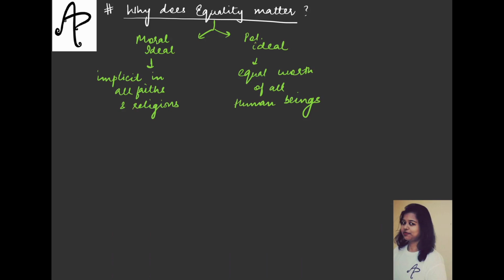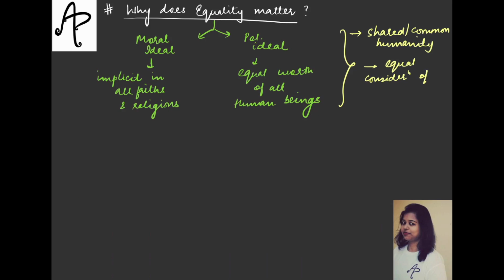And therefore, once we have both of these ideas in the picture, we will understand that we talk about a shared or a common humanity where there will be equal consideration of respect for each other. So I hope you will very clearly understand this much.